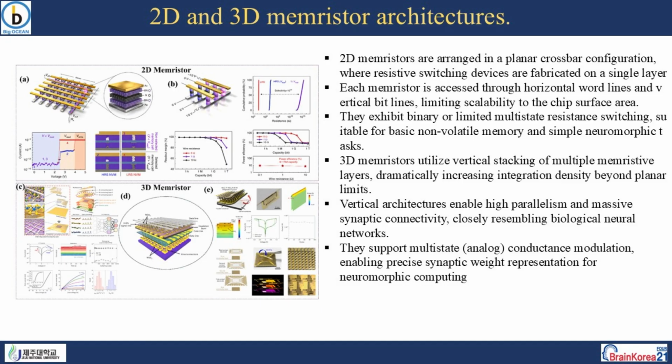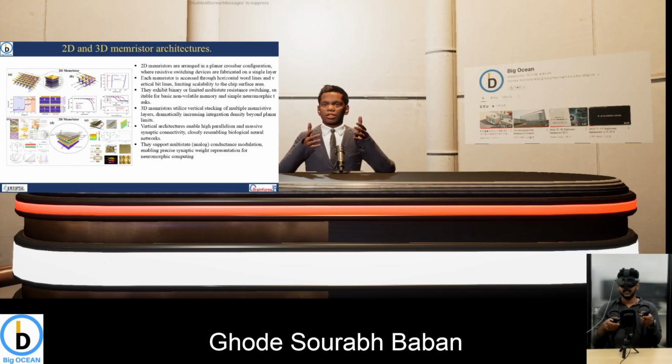In this slide we will discuss the difference between 2D memory and 3D memory architecture. Mainly, 2D memories are arranged in a planar crossbar configuration, where resistive switching devices are fabricated on a single layer.